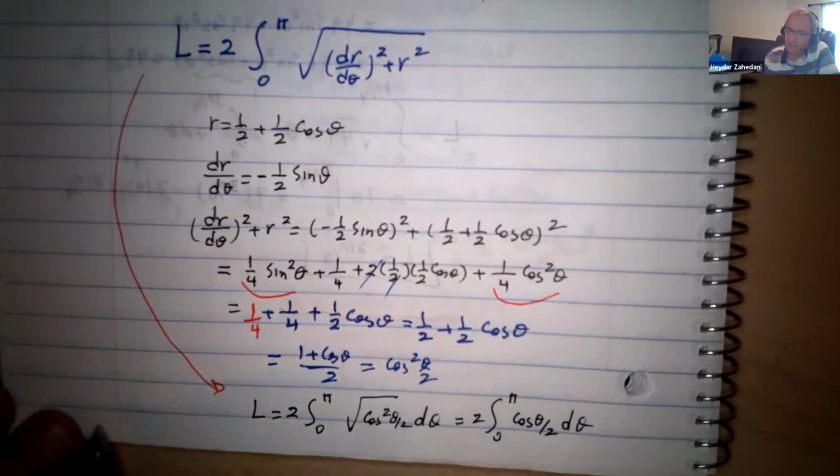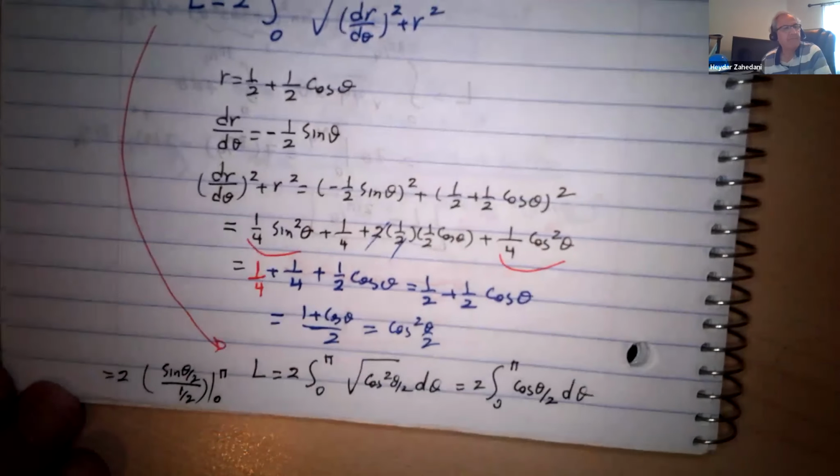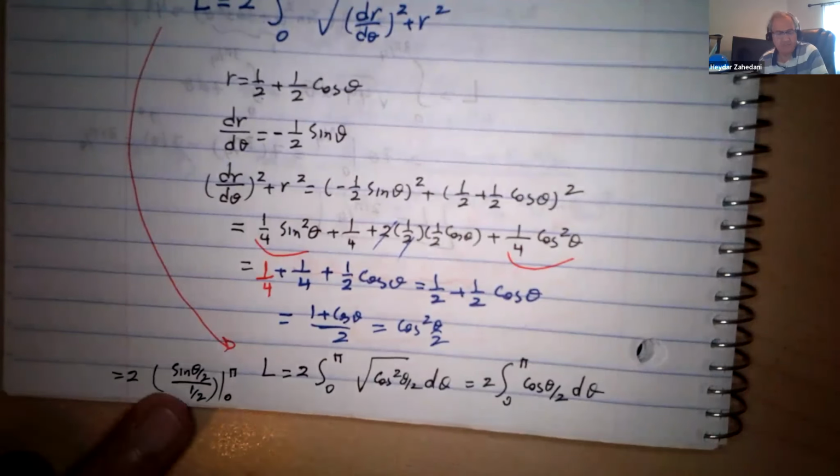And you know that this integral is 2 times the integral of cosine, which is sine. Sine of θ/2, you have to divide by u prime, which is 1/2, and evaluate from 0 to π. The integral of cosine is sine, but u prime is 1/2, so you divide, use the reciprocal for this one.